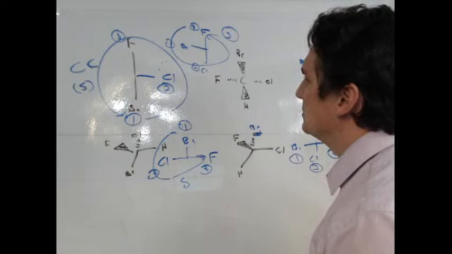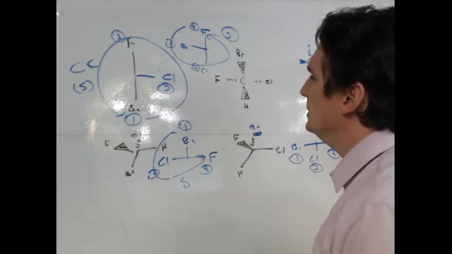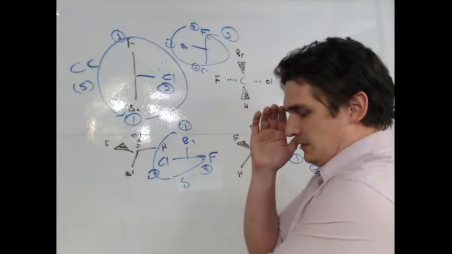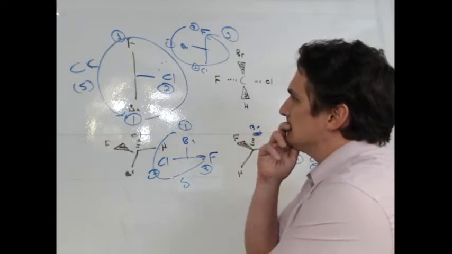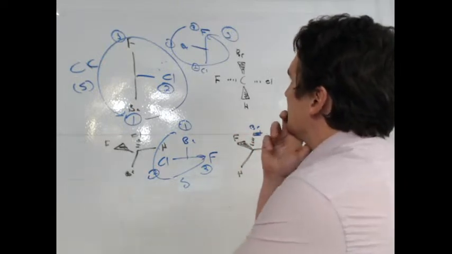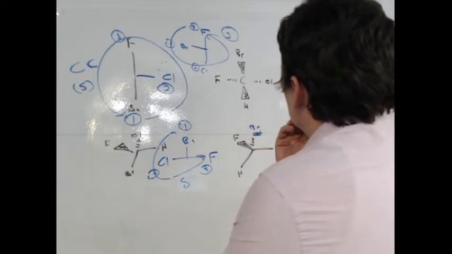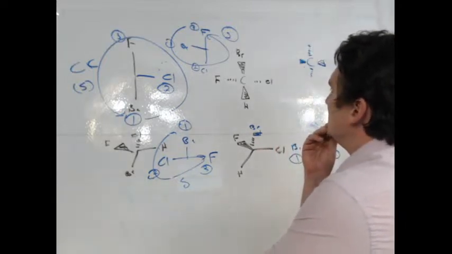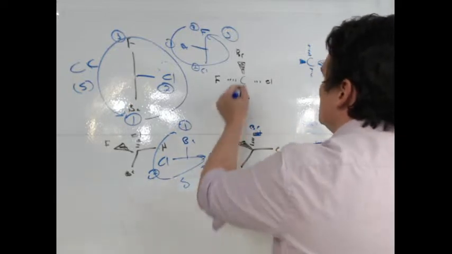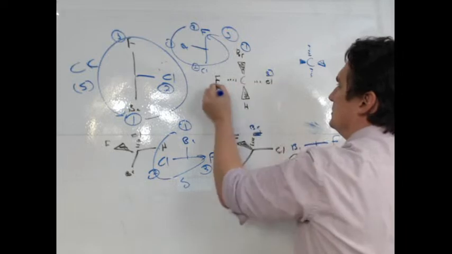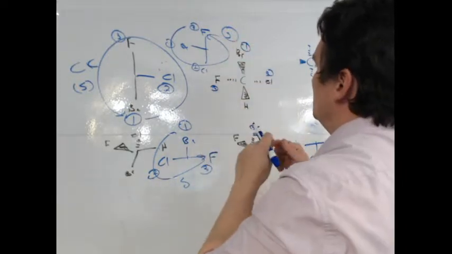Why do I feel like I did something wrong? Fluorine, chlorine, bromine, iodine. R is clockwise. Rotate that, 1, 2, 3.